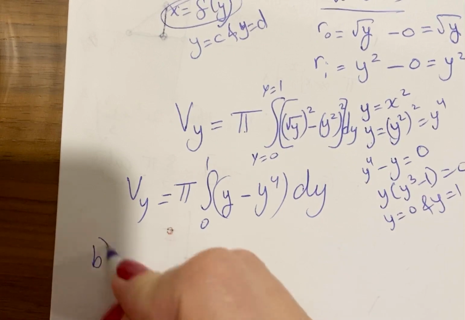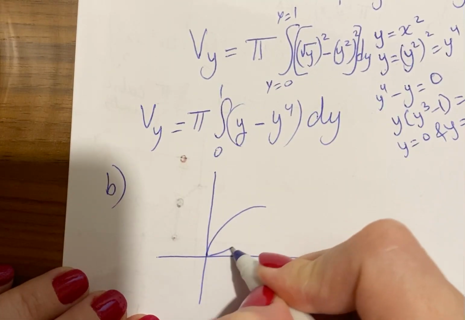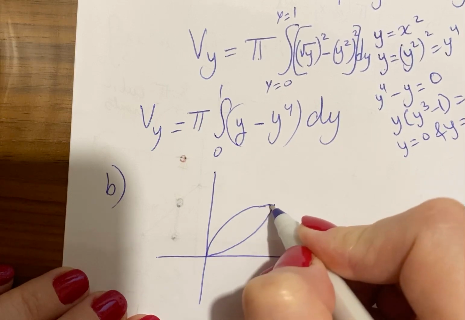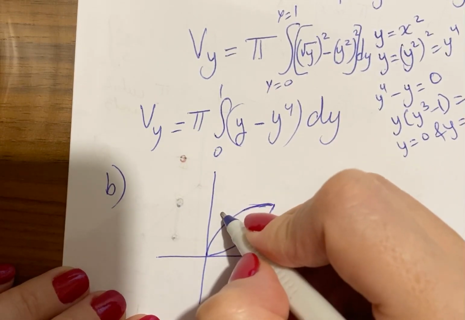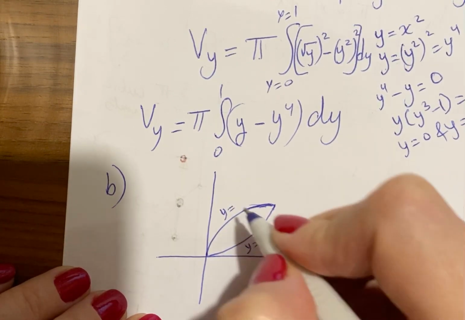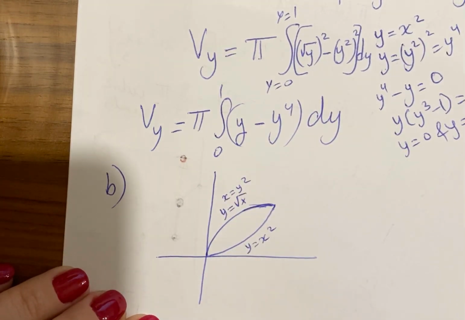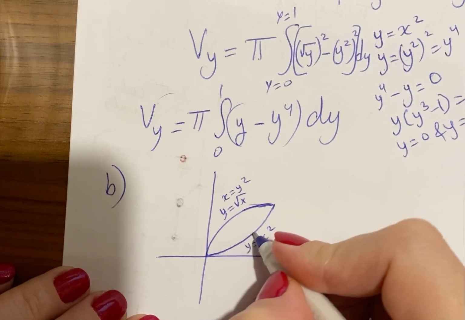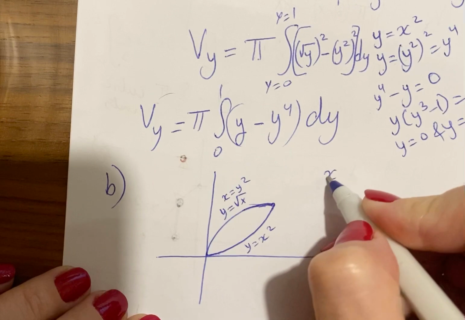The same region, now in part B, they are talking about the same region, which is this region. This is y equals x squared, this is y equals root x, or x equals y squared, whichever. Alright, they want to rotate it about the line x equals 1.